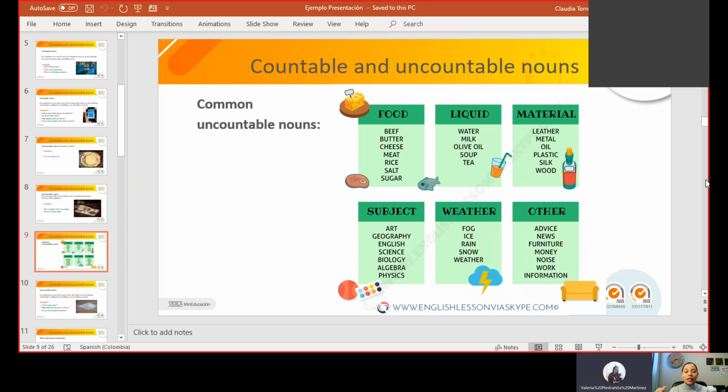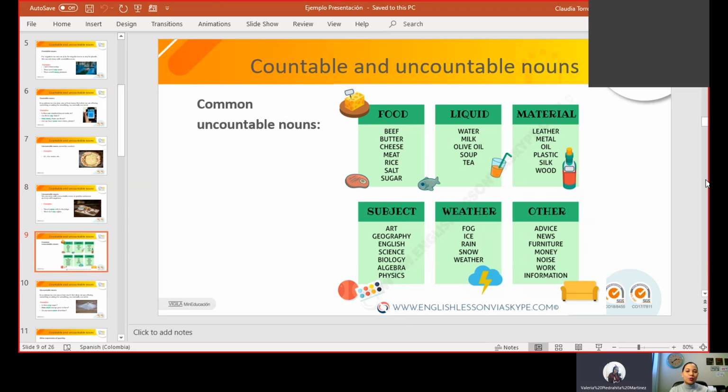Or I need a piece of advice. I know in Spanish it's countable, right? Un consejo. But in English it's not. It's a piece of advice.